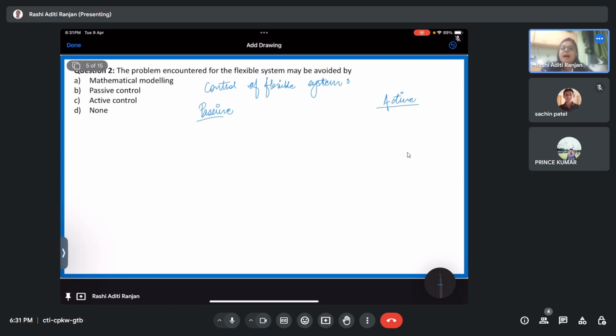So, if I talk about passive control, what do I mean by it? See, if you remember the spring mass system, if I give it some kind of initial condition, it is going to vibrate. If I apply some forcing frequency on it, it is going to vibrate. Correct. So these are some properties of the spring mass system.